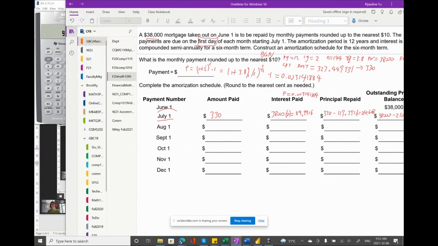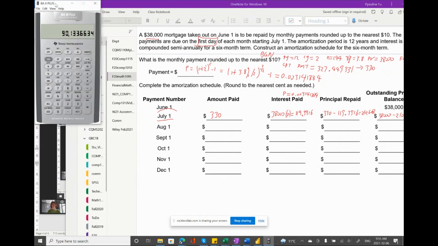The payment is made on the first day. You need to set up your calculator to BGN mode. So second, quit. Set BGN mode. Second, BGN, second, set, second, quit. Okay, so now it is BGN mode.